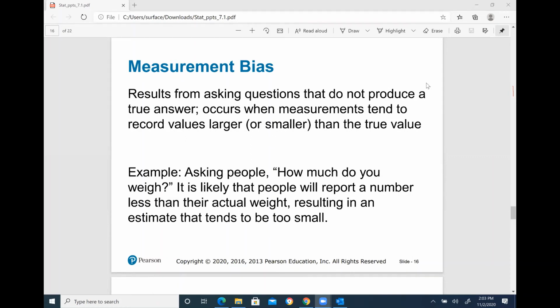For example, if I'm asking the height or even the weight of someone, people might be shy to talk about their actual weight. So when I ask that question, they might not tell the truth.